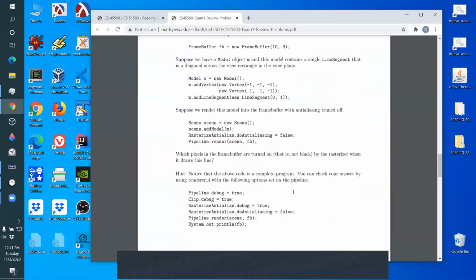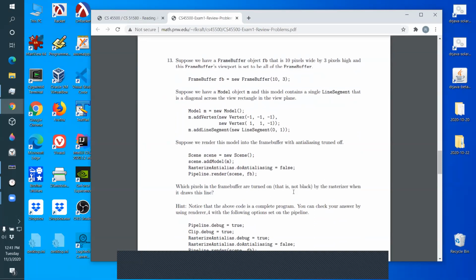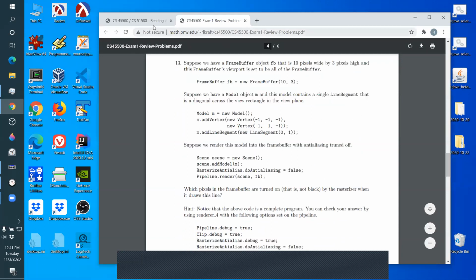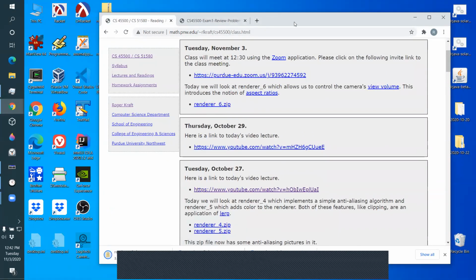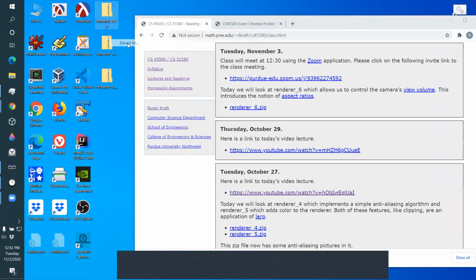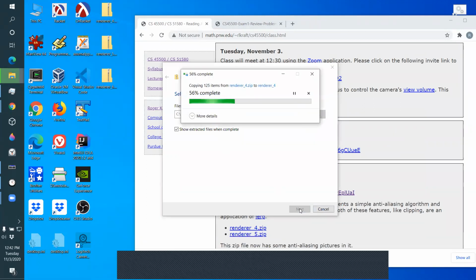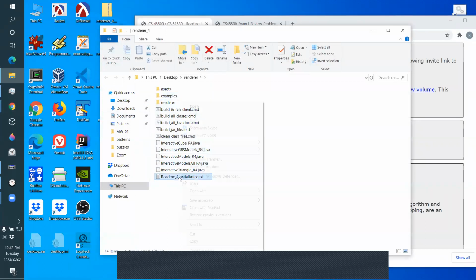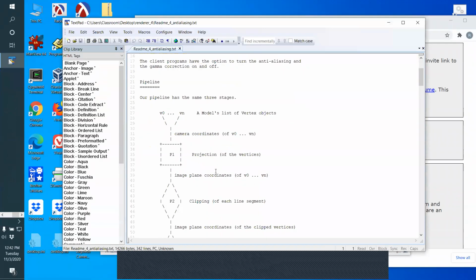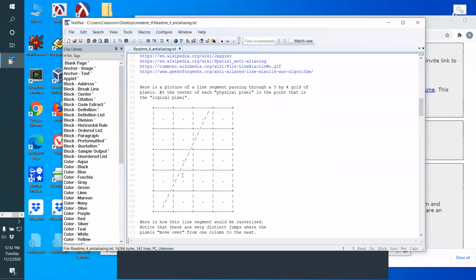Let's see. 13. Essentially, what the question is asking you to figure out is this picture here.